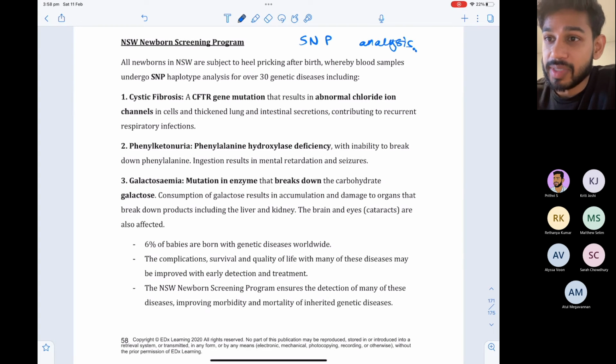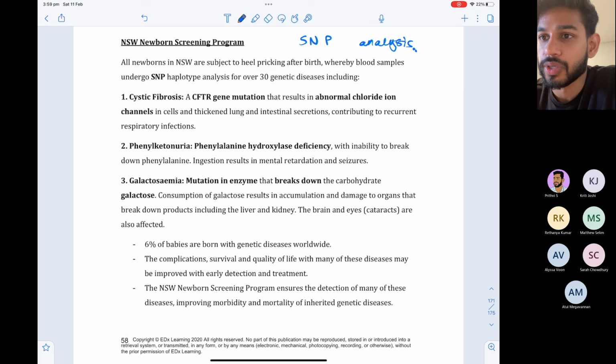And 3% of babies, think about it, for every 100 babies that are born, every day more than 100 are born, 3 of them have one of these conditions. And SNP analysis helps us pick up who is high risk and who needs further diagnostic genetic testing. Because remember I told you, SNPs don't diagnose genetic diseases. SNP analysis can tell us who is a very high risk and needs further testing.